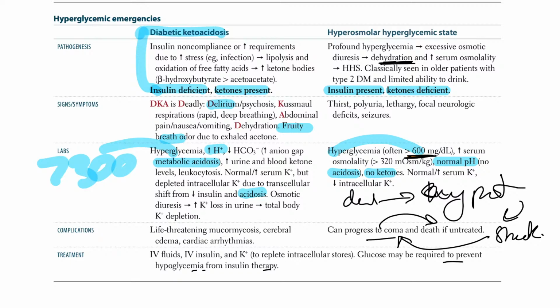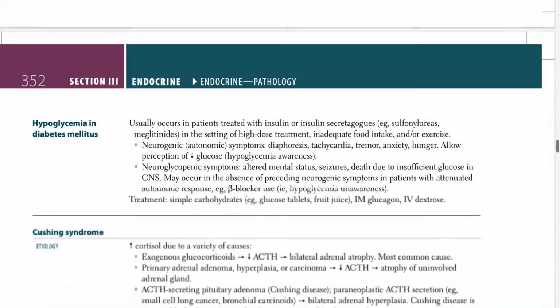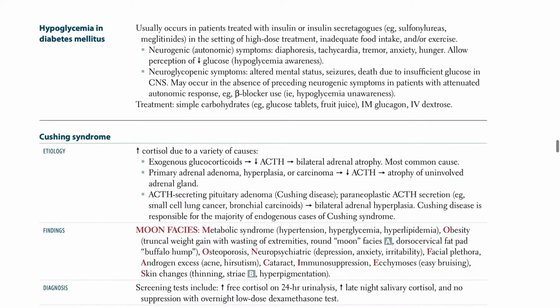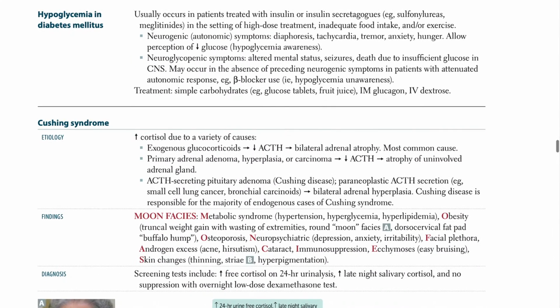So let's move on with the next topic, and that is hypoglycemia and diabetes. Now we're looking at hypoglycemia in DM, diabetes mellitus, right? Why would we have hypoglycemia? Well, it usually occurs in patients treated with insulin or insulin secretagogues, which essentially secrete insulin, for example sulfonylureas and meglitinides, in the setting of high dose treatment.